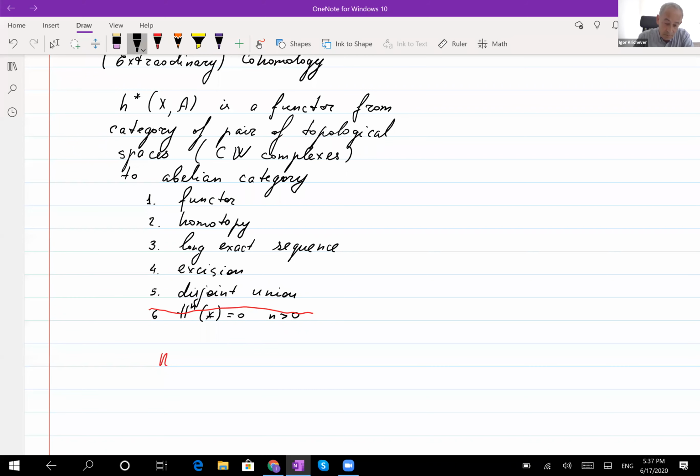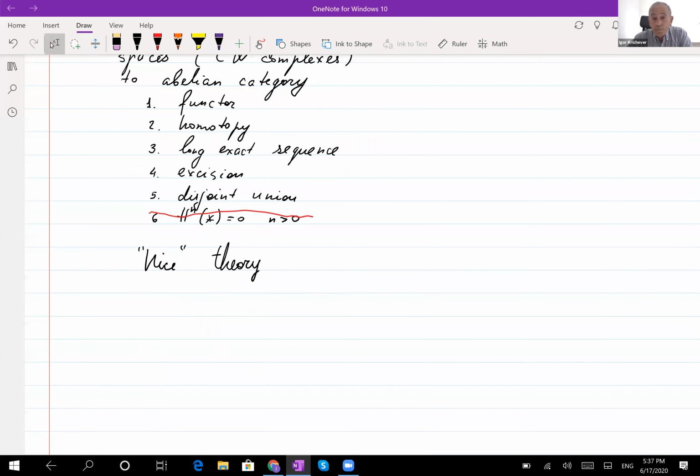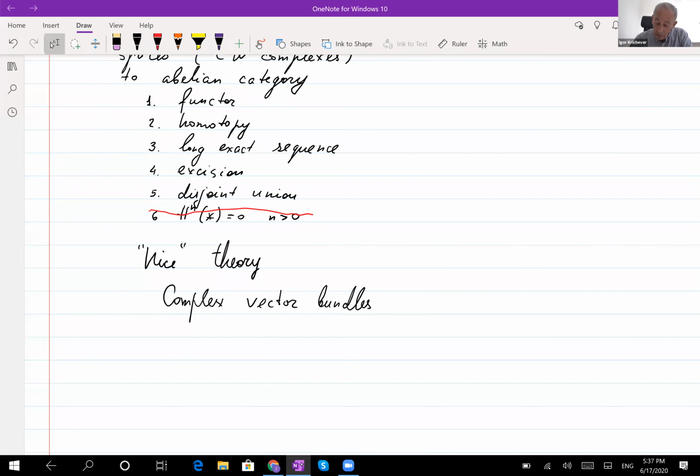By a nice theory, I mean a theory in which a notion of Chern classes for complex vector bundles exists. And for that, you need to require that complex vector bundles are H-orientable.